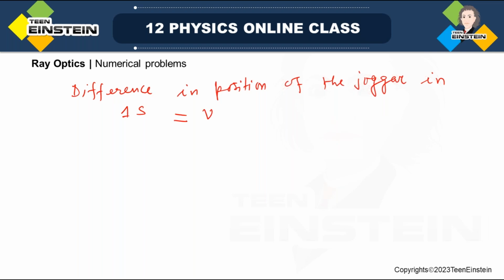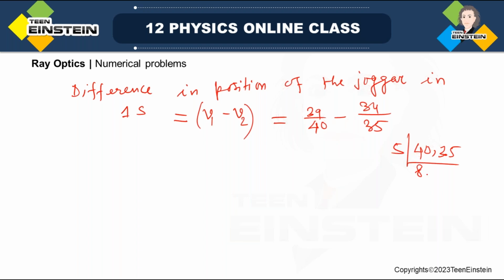So that is V2 minus V1. Oh, I'm sorry, because he is going towards the mirror, V2 will be smaller than V1. So it will be 39 by 40 minus 34 by 35.